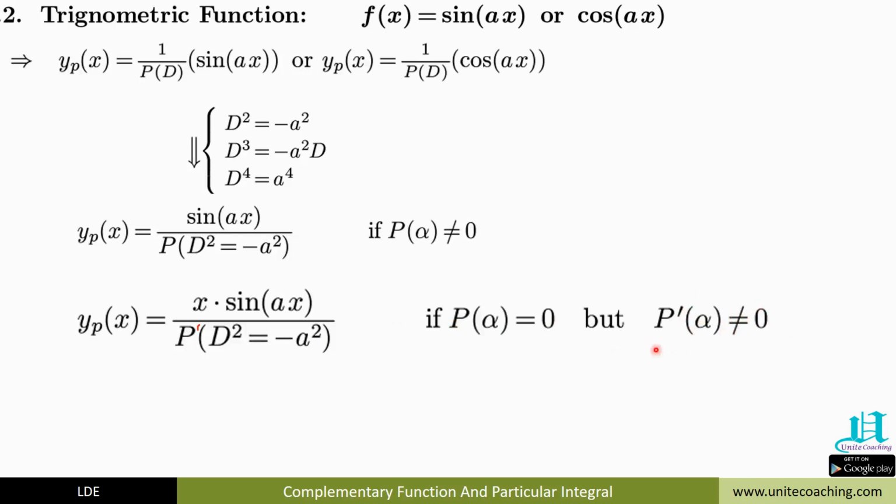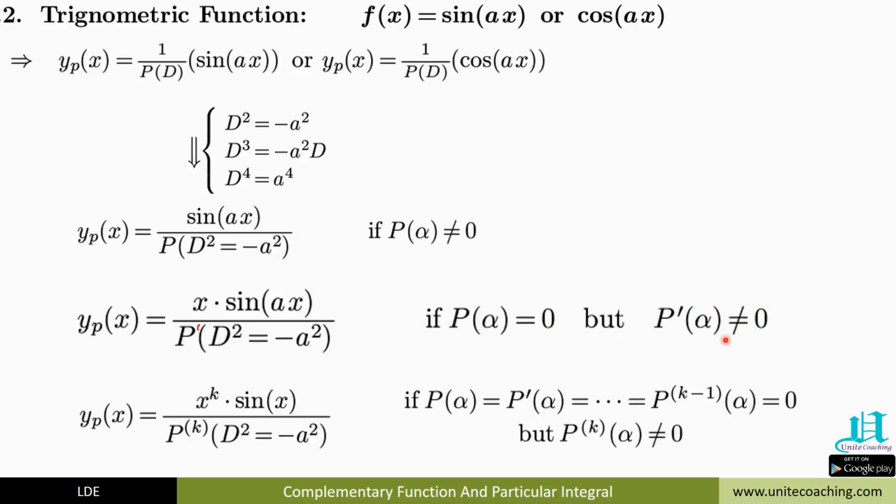But if this becomes 0, then we go to the next power of x and the next differential of p, right? So this goes on until we get the last differential not equal to 0, and the remaining previous differentials equal to 0. So these are the formulas. Now we will see some examples to explore this.